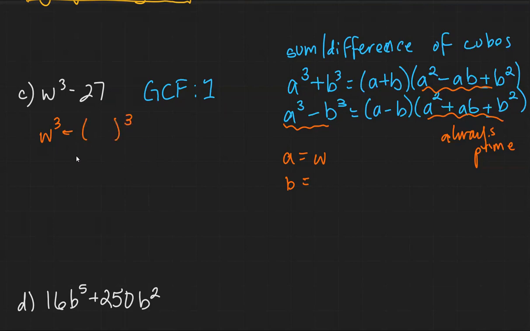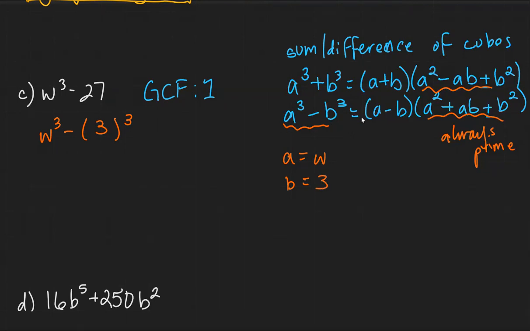We'll check really quick, see if you can figure that out. Is there a number that you can raise to the 3rd power to get 27? Okay, pause for a second. Hopefully you're finding that it's 3. Yep, 3 to the 3rd power is 27. 3 times 3 is 9. 9 times 3 is 27. So our b is 3.